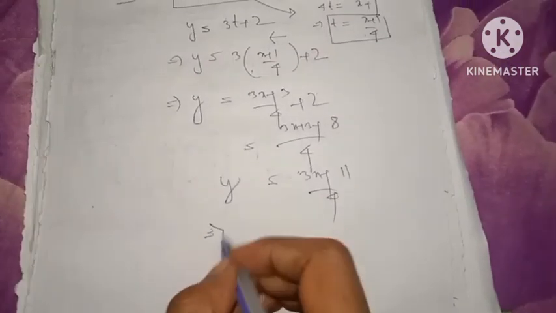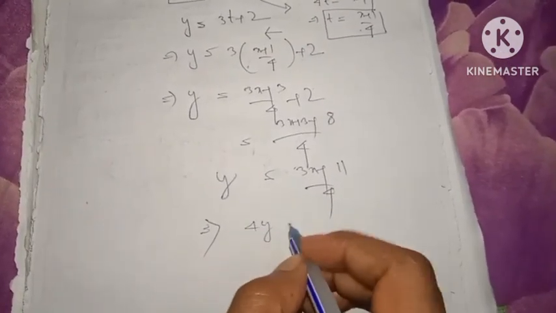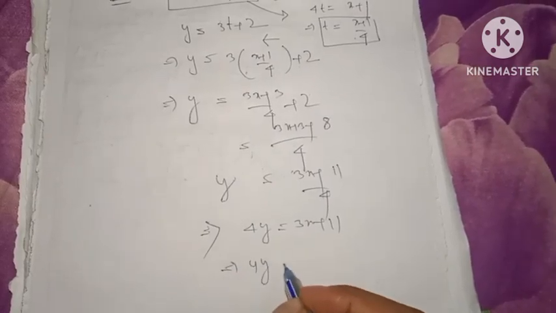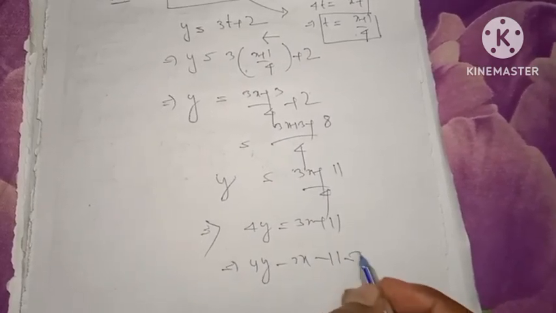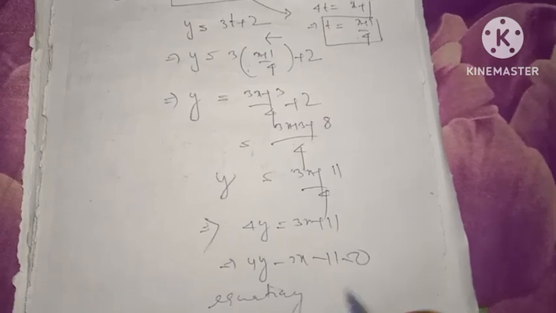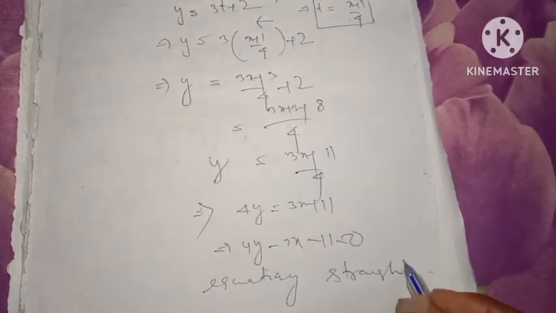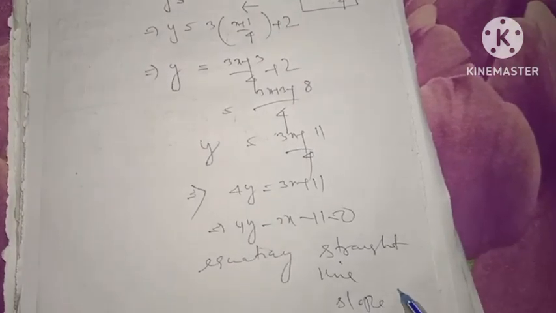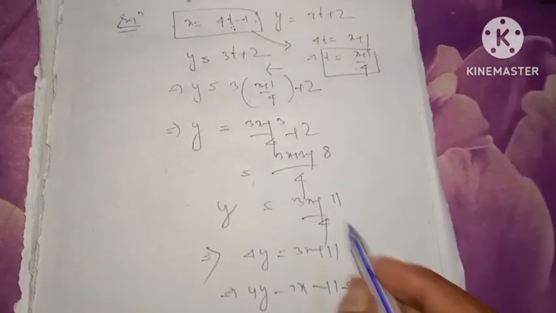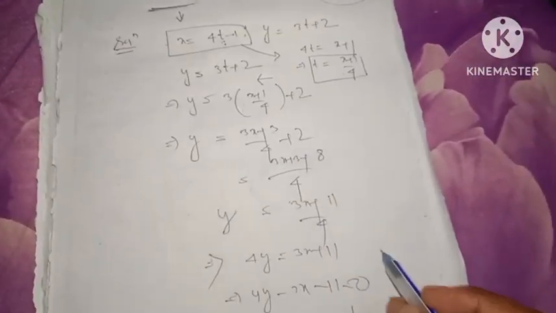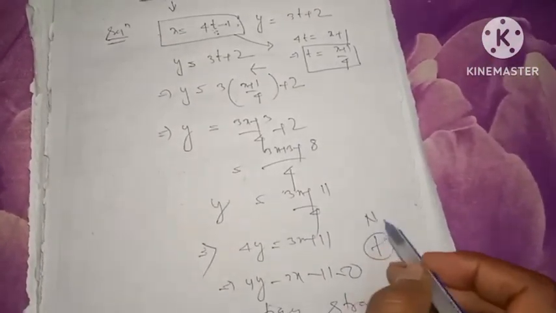When you solve, 4y equal to 3x plus 11. So 4y minus 3x minus 11 equal to 0. This is the equation of a straight line, slope 3/4. My target is eliminating t, so there will be no term of t. So this is the required equation.